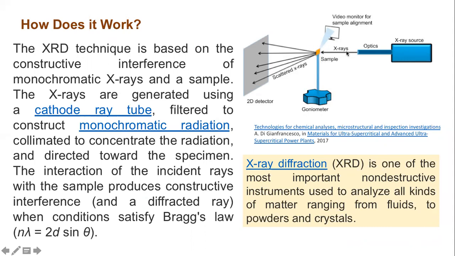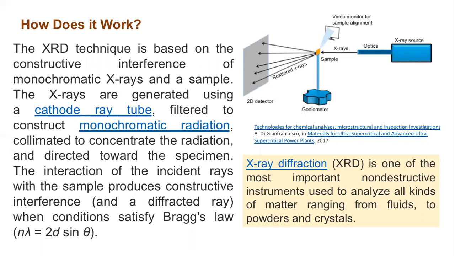And once these X-rays hit the sample, the rays will get scattered. And this scattering, in our case, results in constructive interference, and when it falls on the detector or the film, it will give you a definite pattern.